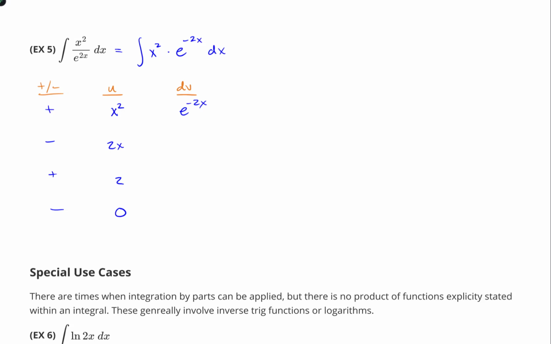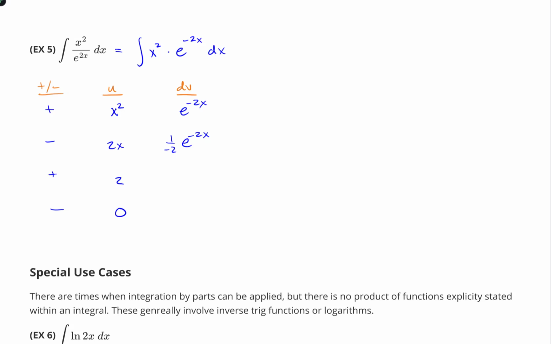So if it's just e to the negative 2x, instead of going through the steps of u substitution, just know that you're going to multiply by a half, or if you want to think of it as divide by 2. You can prove it through u substitution, but this is where you're going to want to get to be able to just look at this and know that the integral would be the original function divided by the constant.